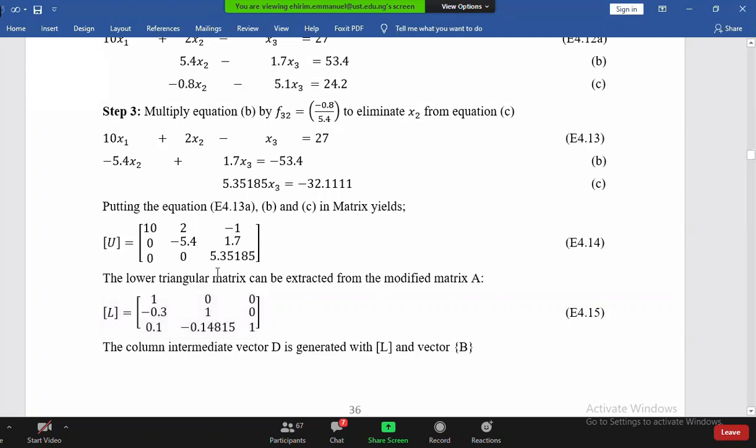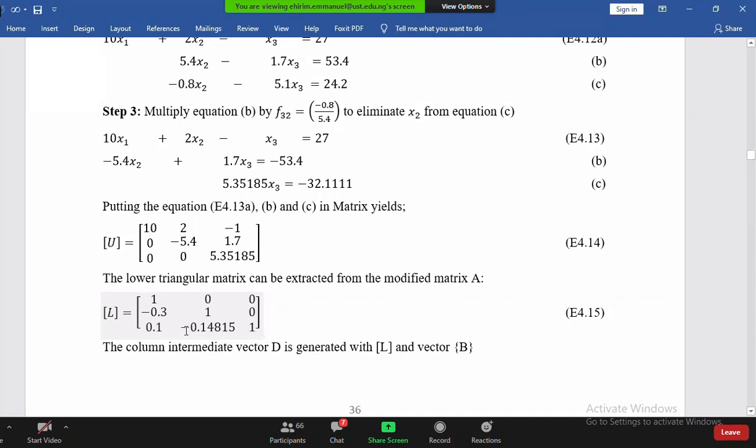So the upper triangle, all these values you are seeing here, like this one's supposed to be 10, this one's supposed to be 2, this one's supposed to be minus 1. You understand? This one is supposed to be minus 5.4. This one's supposed to be 1.7, and this one's supposed to be 5.35 to make the triangle complete.